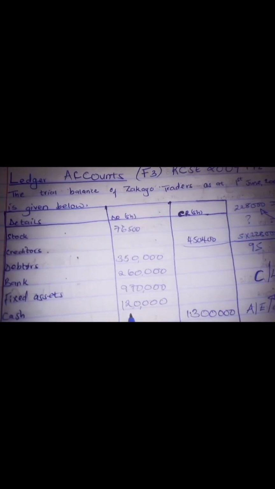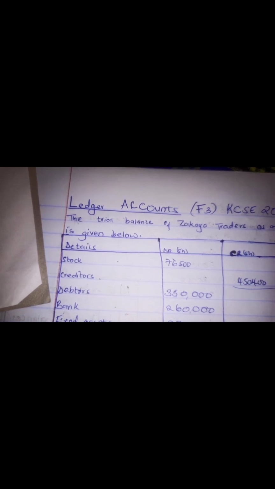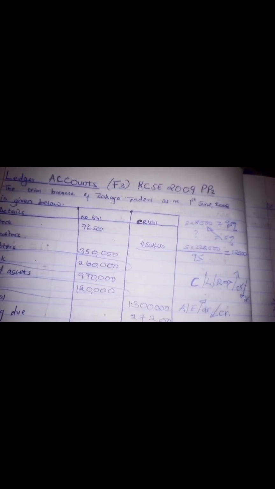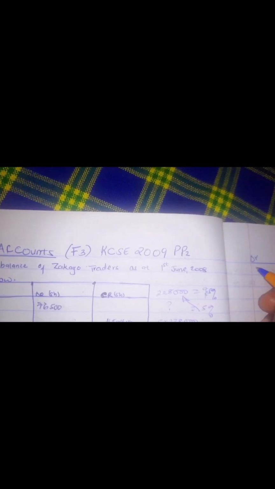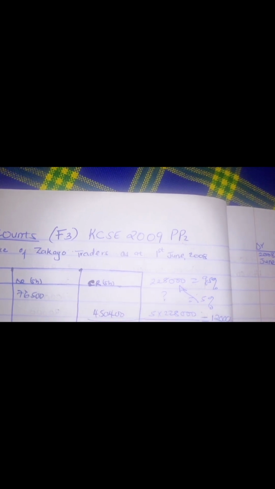Then finally, we have a discount allowed. Learners, sorry for that. We were supposed to have recorded the balances brought down for cash and the bank. So 2008, June 1, the balance brought down for the bank is 260,000.